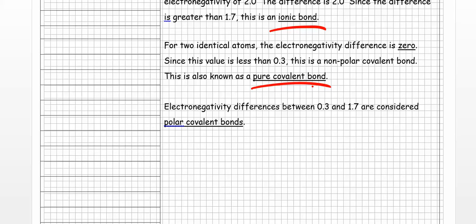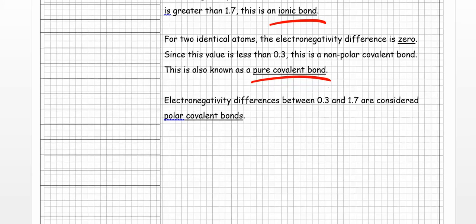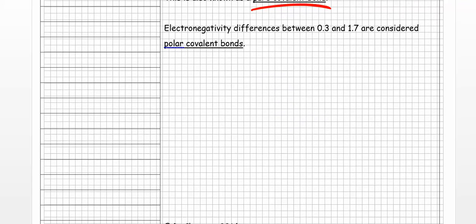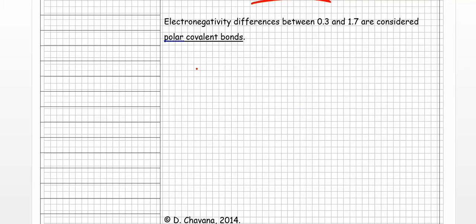So let's review. Electronegativity differences between 0.3 and 1.7 are considered polar covalent bonds. All right? Let's go through all of them. If we have anywhere between 0 and 0.3, we call that nonpolar covalent.